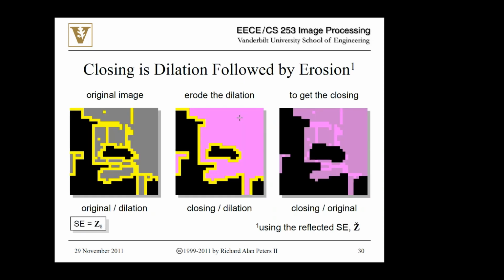Okay, so let's see. This is the original, and then you dilate. So now you fill all these pixels. These yellow pixels were empty at the beginning, but now because of the dilation, they become filled. And now you erode.